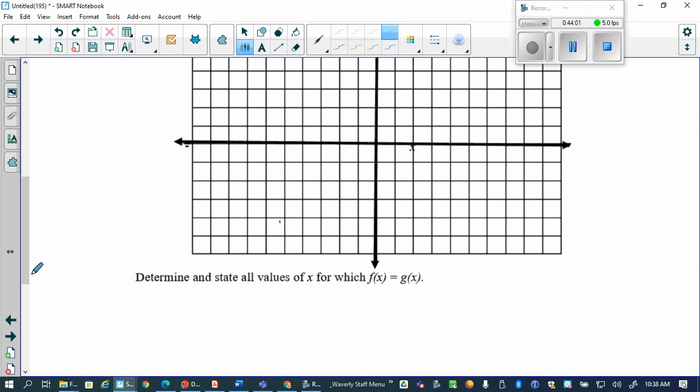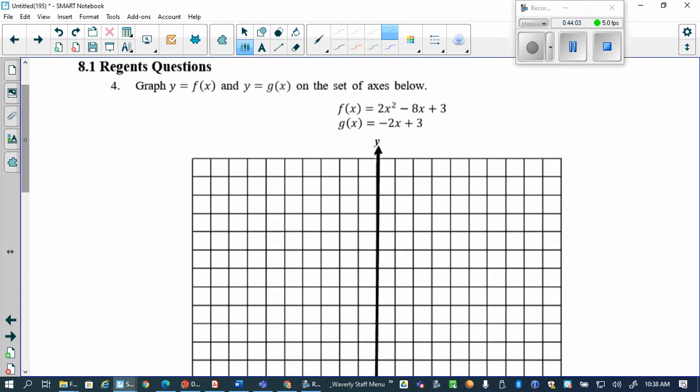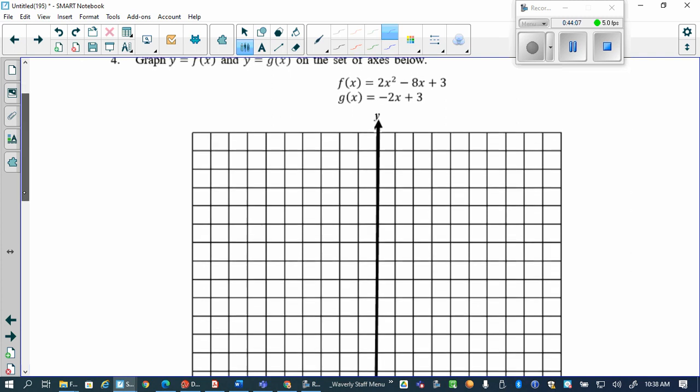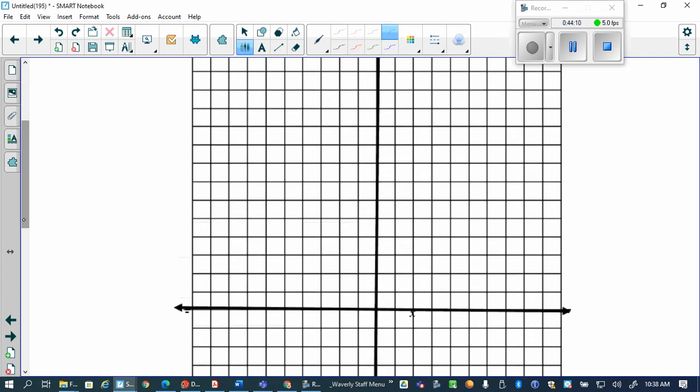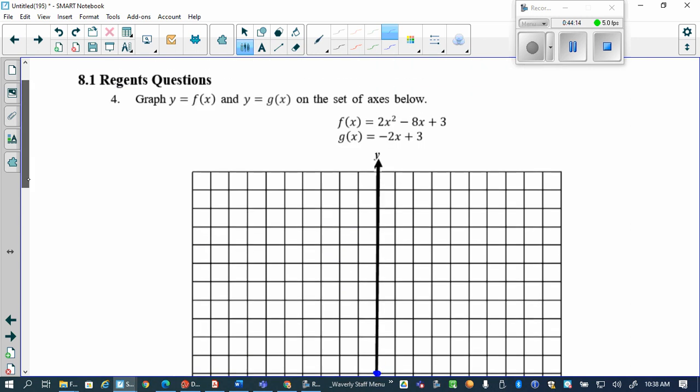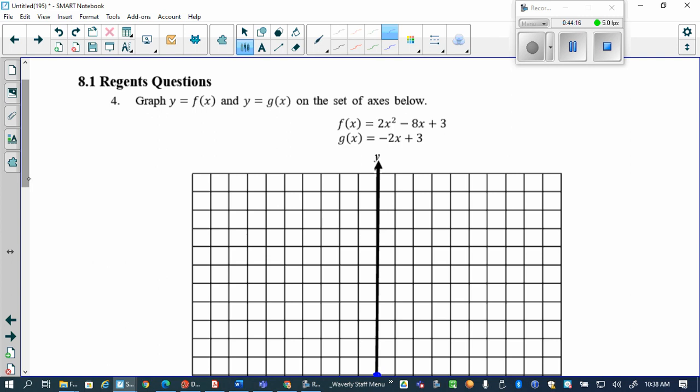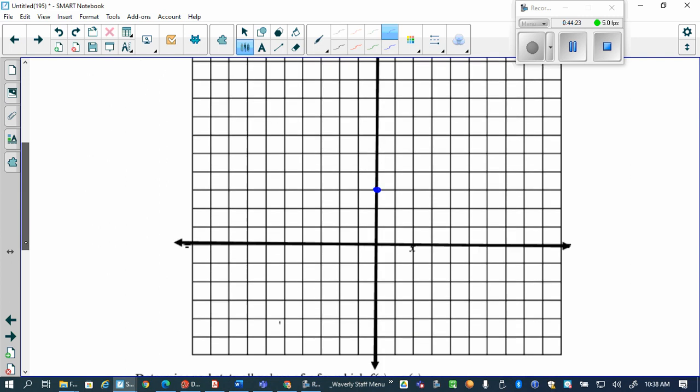Well, the linear one should be pretty simple to graph, shouldn't it? What's the y-intercept? So we go up to 3. And what's the slope? Right? So m equals -2, down 2 and right 1, isn't it?